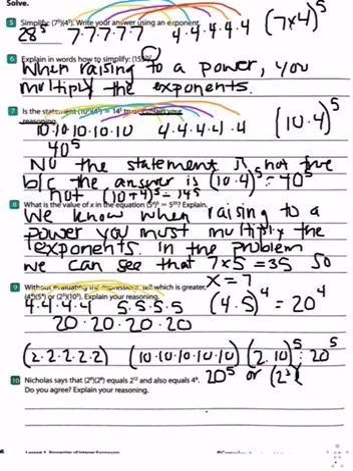Number 10. Nicholas says that 2 to the 6th times 2 to the 6th equals 2 to the 12th, and it also equals 4 to the 6th. Do you agree? Explain your reasoning. So, we can go ahead and write it out. We know that when we are multiplying, we add the exponents, and so we would get 2 to the 12th power.